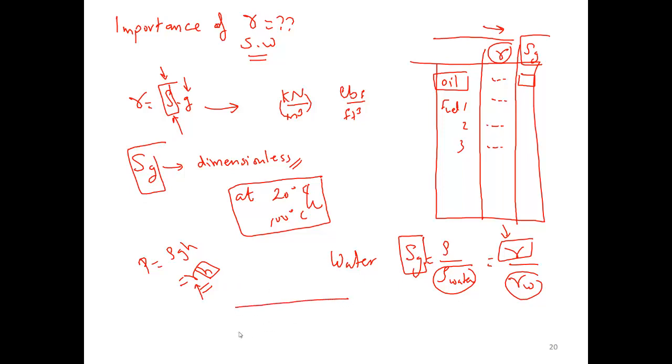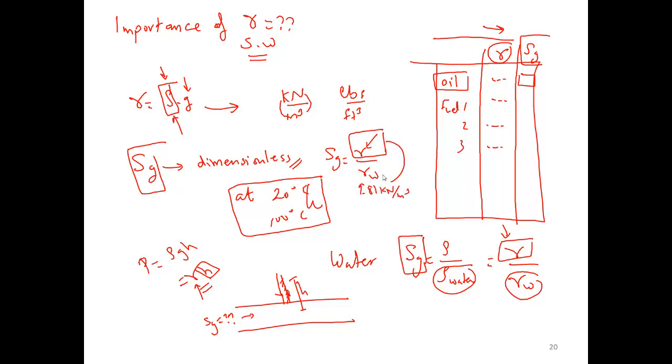So if you have a duct, I'm going to conclude here. If we have a duct and we have a manometer here, and you have the height H, and you know the specific gravity of the oil or the fluid here, we can use the specific gravity to find the specific weight of the fluid, and then we take this, because we know that this one is 9.81 kilonewton per meter cubed.